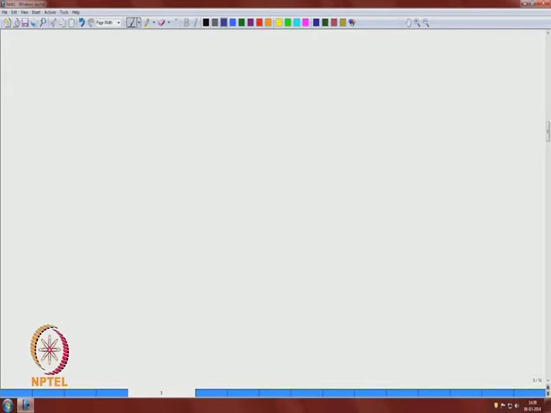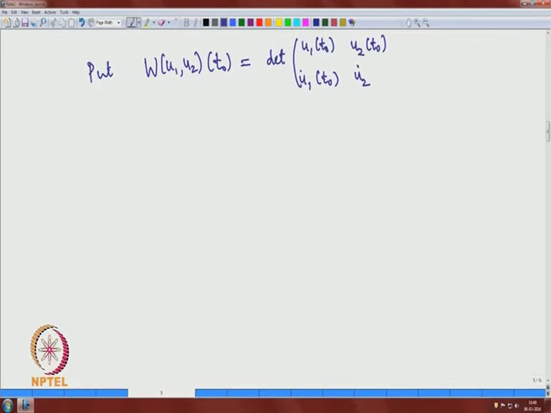Put W(U1, U2)(t0) equal to the determinant of this matrix with entries U1(t0), U2(t0), U1 dot (t0) and U2 dot (t0).